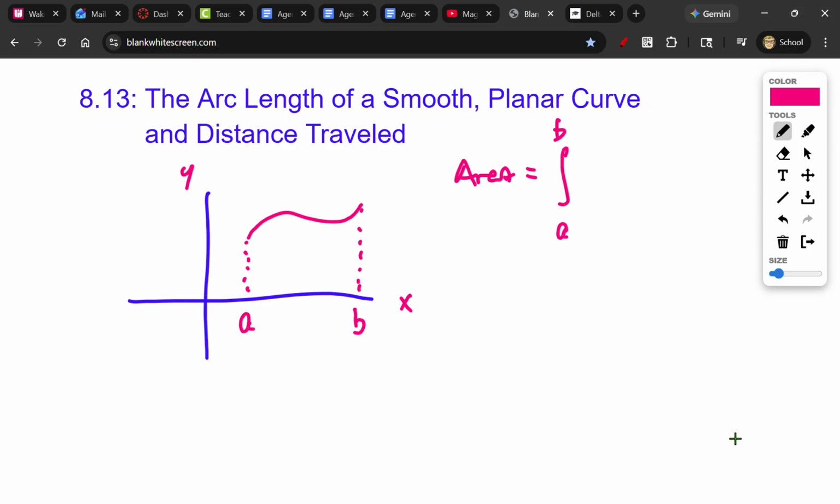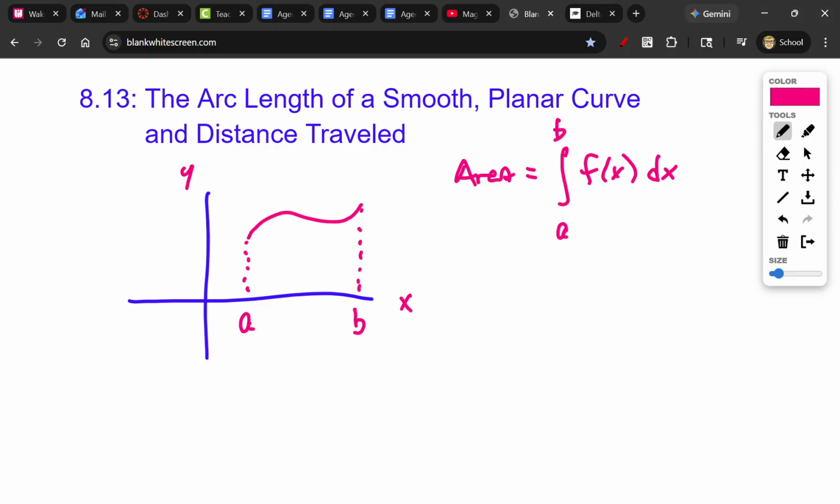We're adding together a bunch of y values, and the y values are the f of x values. And the width of each rectangle would be the dx. And so you're adding up a bunch of those really thin rectangles, and that's the way that we get the area under the curve, right?